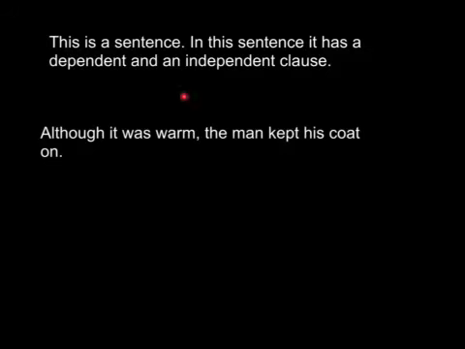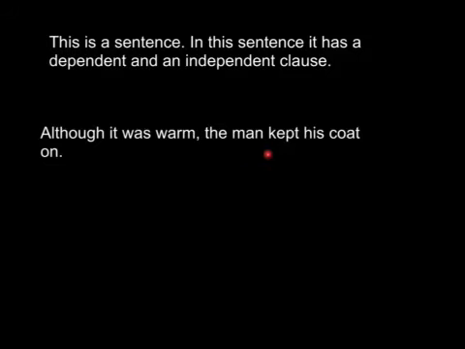This is a sentence. In this sentence it has a dependent and an independent clause. Although it was warm, the man kept his coat on. Now in this sentence, although it was warm is a dependent clause. It is reliant upon this clause, the independent, to make sense.